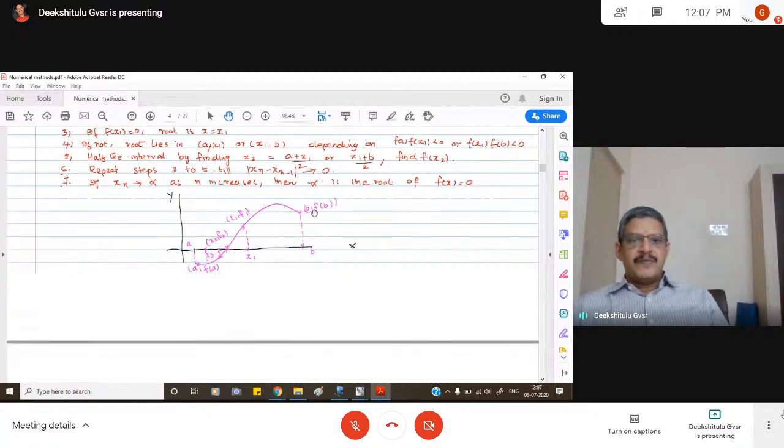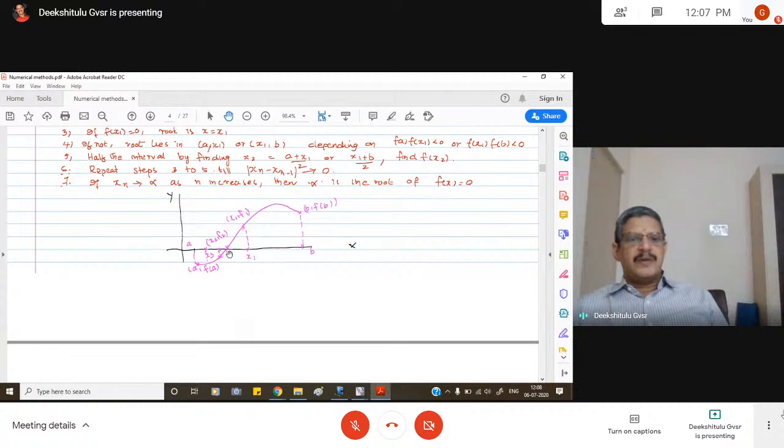So that means this is a and this is b. f(a) and f(b) have opposite signs. We are considering the midpoint of this. Find f1. This is the upper half of the x-y plane, so f1 is positive and f(a) is negative. f1 is positive, f(b) is positive. The root cannot be here. This is positive, this is negative, so the curve joining these two points must pass through the x-axis.